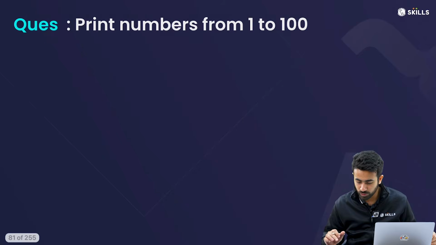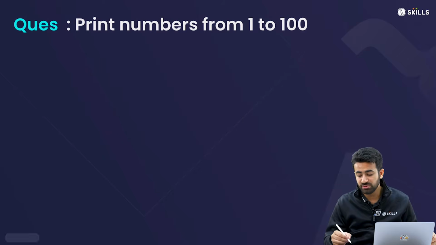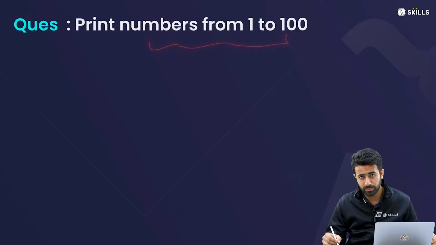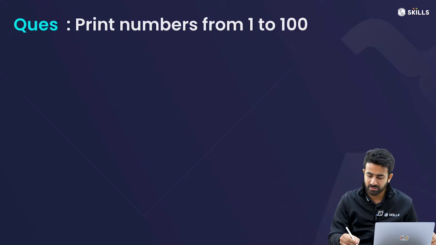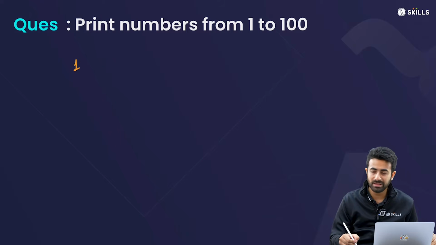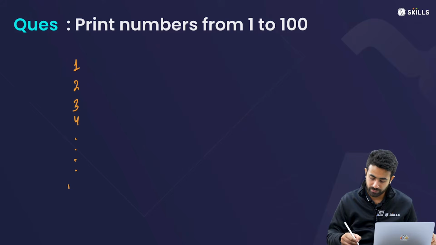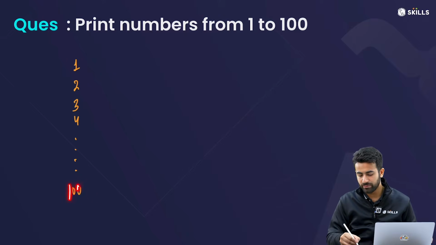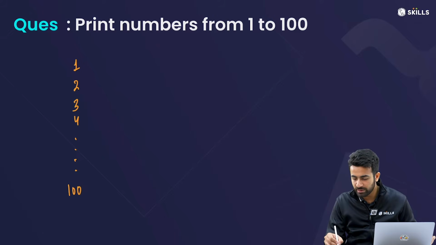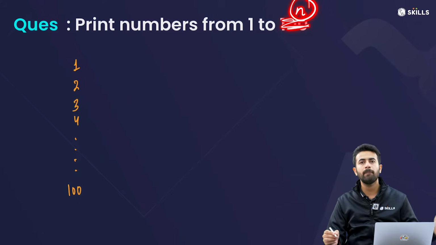But anyways, let's move on. Now the question is: print numbers from 1 to 100. So I have to print 1, then you can give a space, then 2, or maybe you can give a next line, 1, 2, 3, 4, up to 100. Or maybe 10, whatever. 1 to n, where n is user input.